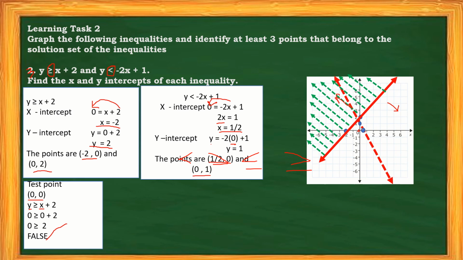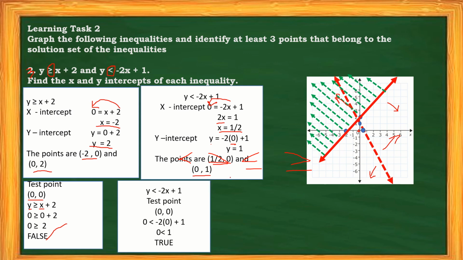Okay, again, we are going to use the test point 0, 0, para malaman natin kung ang ating pag-shade ay papunta sa left side, right side, going up or going down.